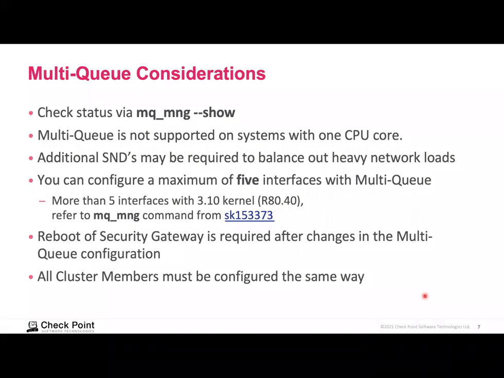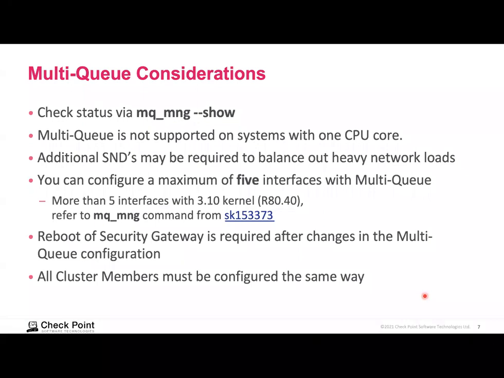You can have a maximum of 5 interfaces on pre-3.10 kernel gateways, and we can have more than 5 on R80.40 and up, 3.10 kernel gateways. Anytime you change the multi-queue configuration, the gateway needs to be rebooted, and all clusters need to be configured in the same way. So this is important if you're going to turn this on or make changes. Always remember to hit both the active and standby gateway.